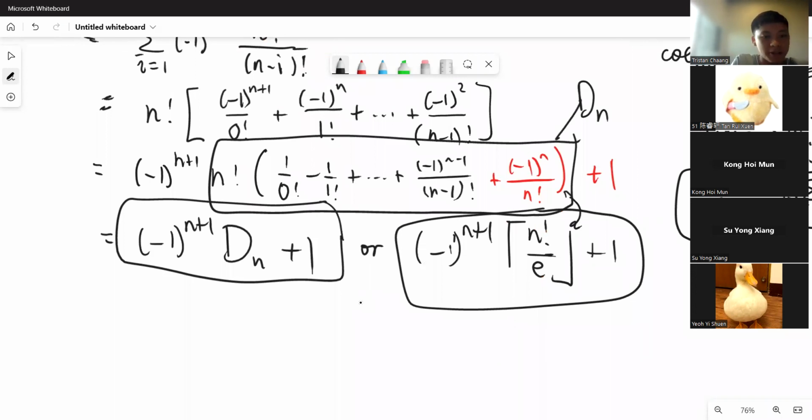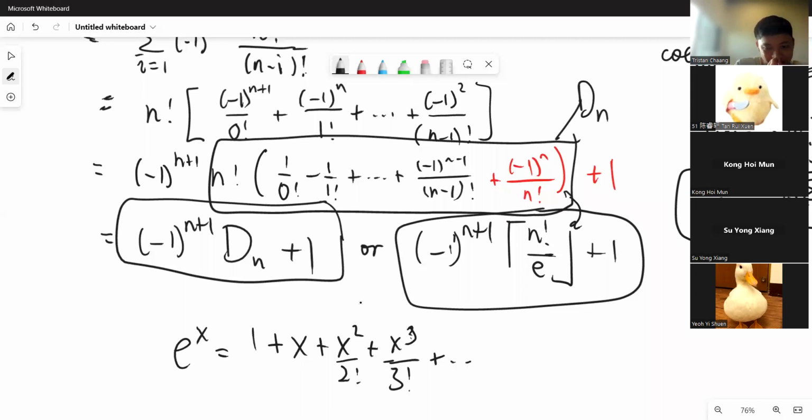There's this thing called e to the x, which can be written as 1 plus x plus x squared over 2 factorial plus x cubed over 3 factorial. In fact, we will encounter this later in the complex number topic. So this is e to the x.